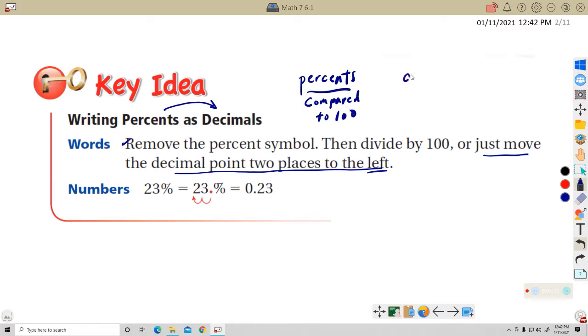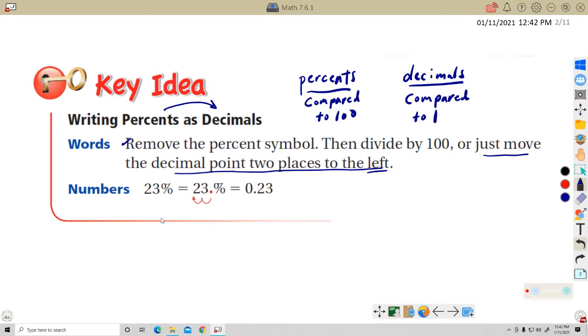When you're dealing with decimals, everything's compared to 1. So percents are 100 times bigger than decimals. Okay? So just keep that in mind here.